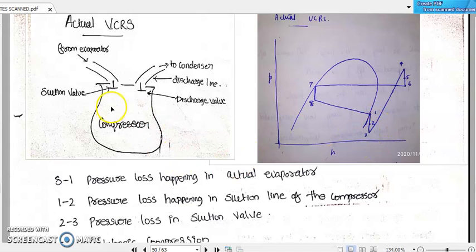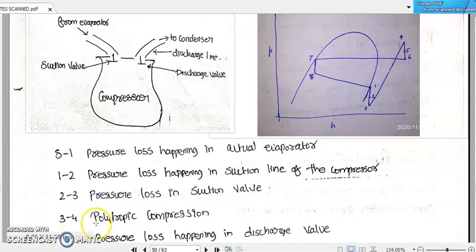Then the actual compression process, or irreversible adiabatic compression process, or polytropic compression process. We can consider the compression process a general process or polytropic compression process, and that is represented by the inclined line 3 to 4 over here.